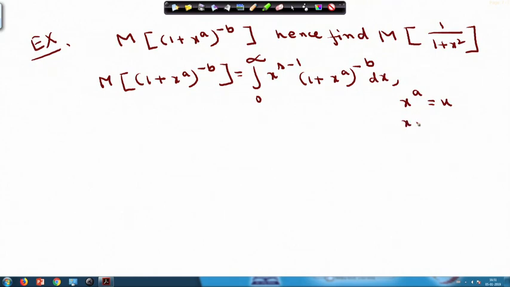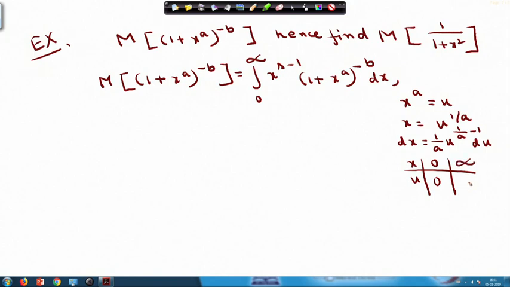So, your x is u to the power 1 by a, and dx is equal to 1 by a, u to the power 1 by a minus 1, into du. For x equal to 0, your u will be 0, and for x equal to infinity, your u also will become infinity. So, the limits of the integration will remain the same, 0 to infinity.